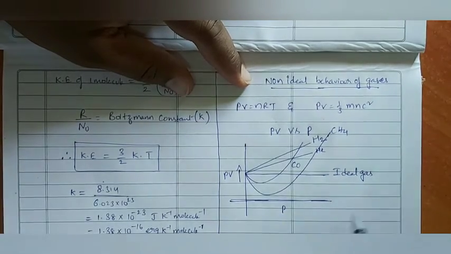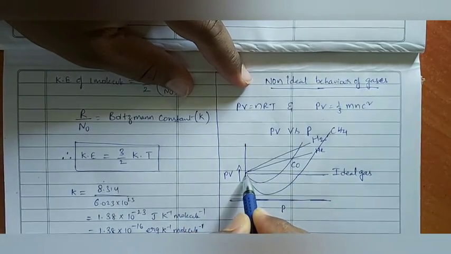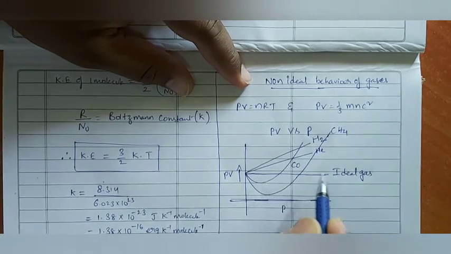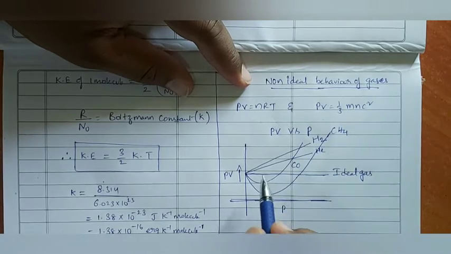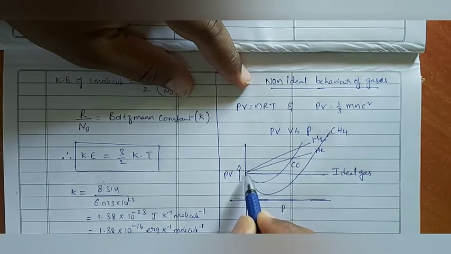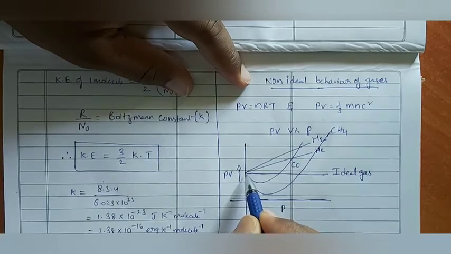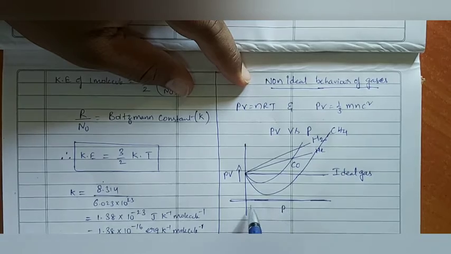But from this graph, if you observe, all these gases are going to meet at a point. The straight line, wherever we have taken the point, is nothing but ideal gas. Here, if you consider this point, all the gases are going to meet at this point. That means real gases are behaving like ideal gas at very low pressure. See, on the x-axis pressure increases.